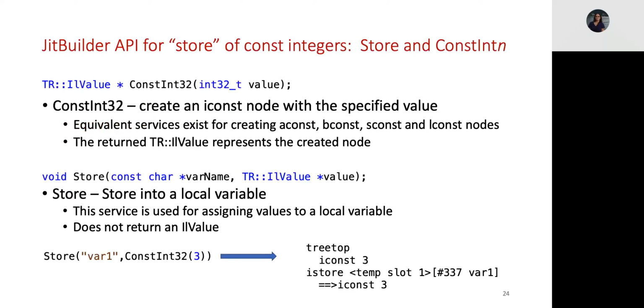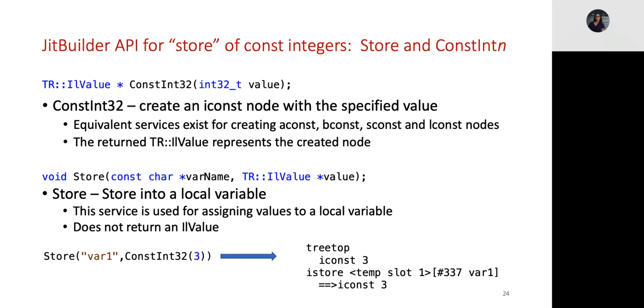So the first service is const int32, and you use that to create a 32-bit constant node, and there are different services for creating constants of other data sizes as well. The returned IL value represents the created node.